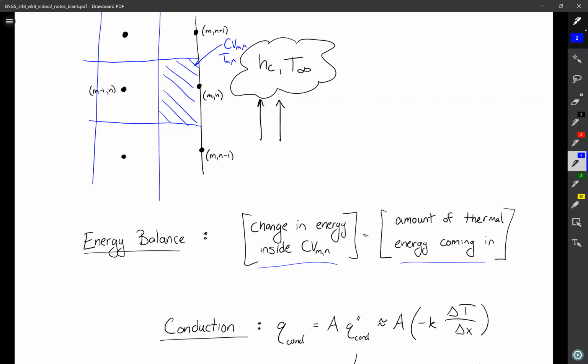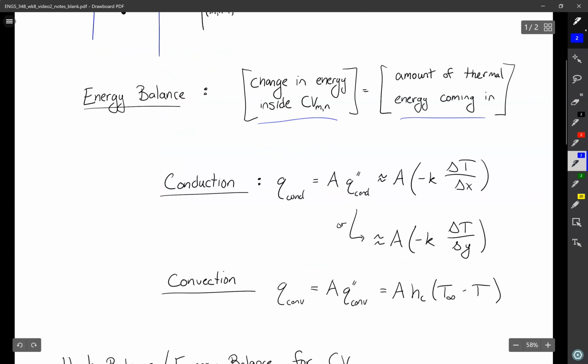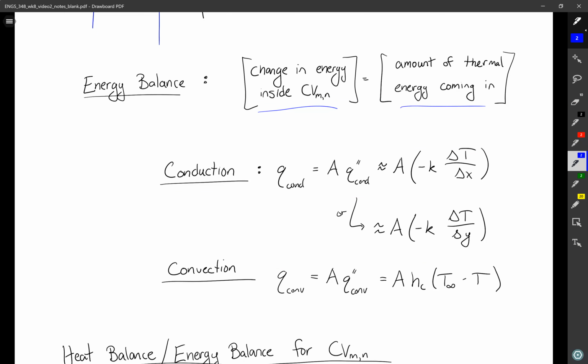We have two different ways that energy can come into our object now. It can come in either by conduction. If it's coming in by conduction, we could characterize that by the area over which conduction is happening, multiplied by the per area value of the conduction flux.